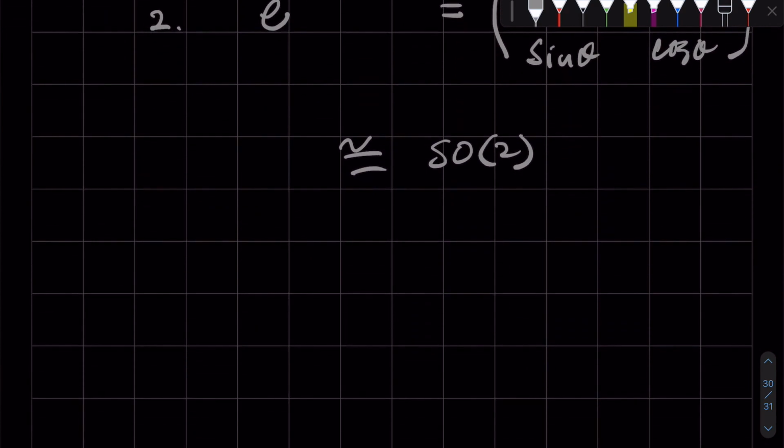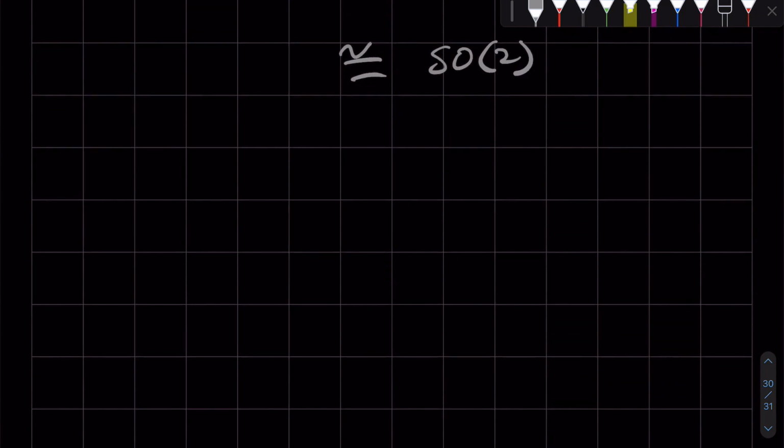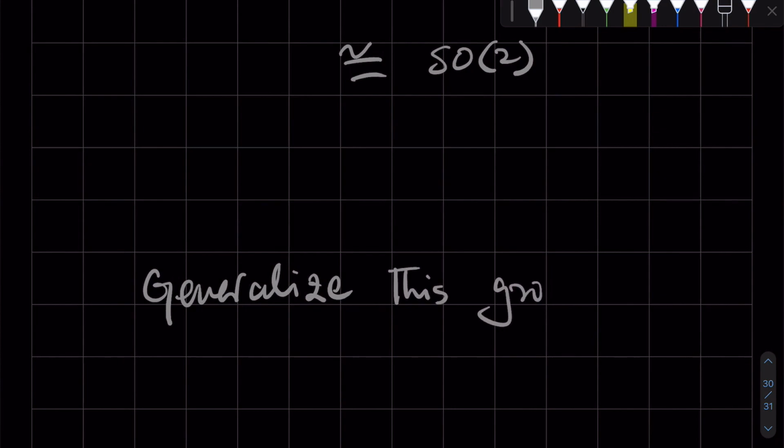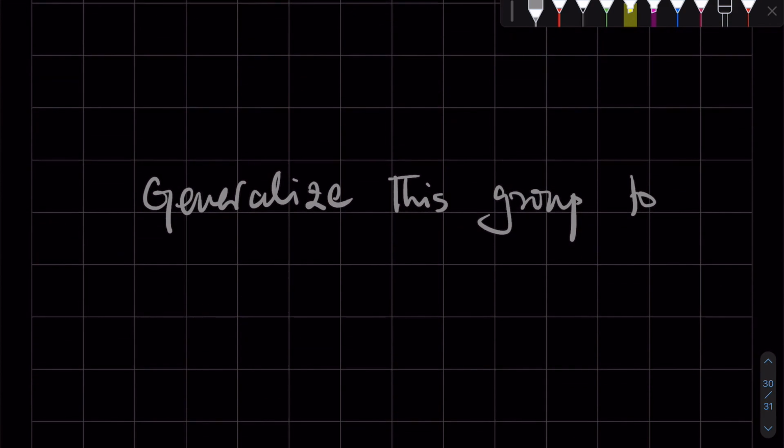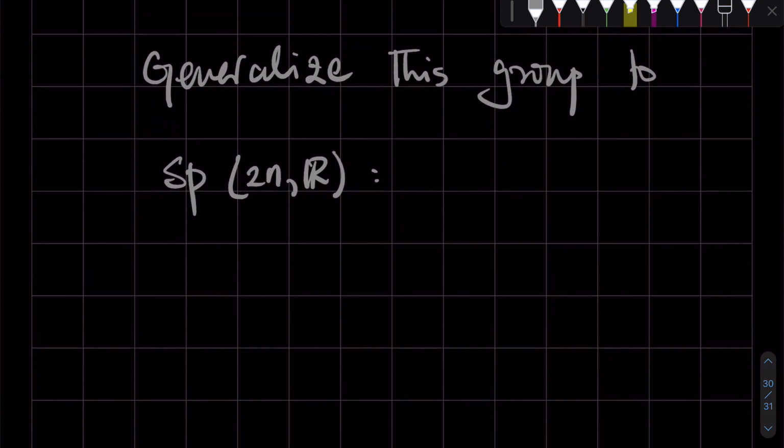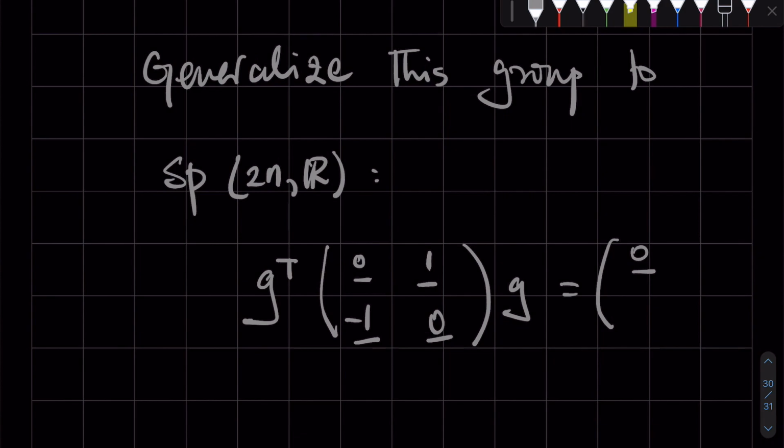So now we can generalize the symplectic group to n dimensions, Sp(2n,R). In that case, we have to solve the condition G transpose [0, 1; -1, 0] G equal to [0, 1; -1, 0].